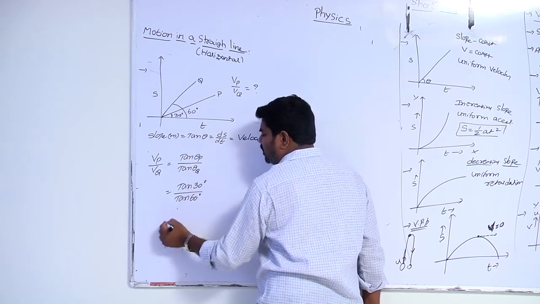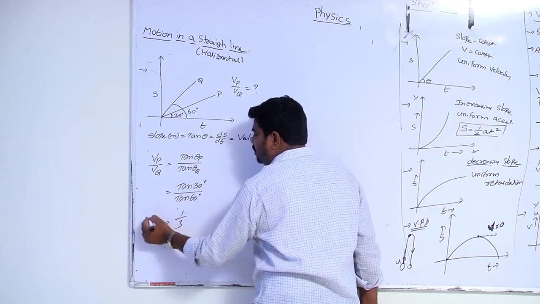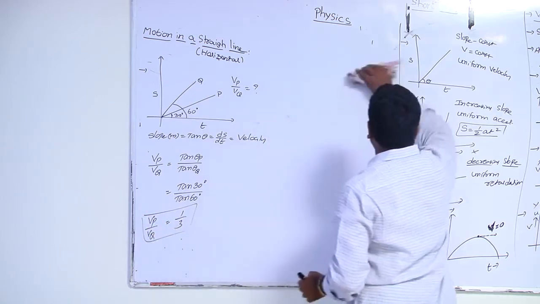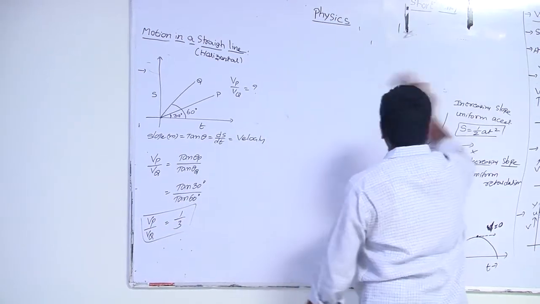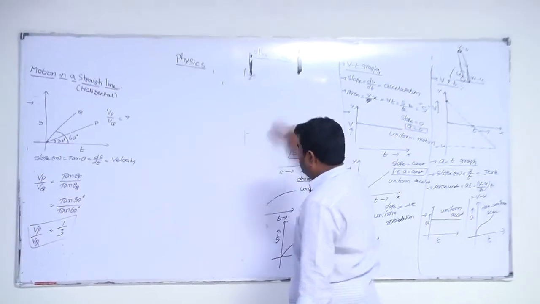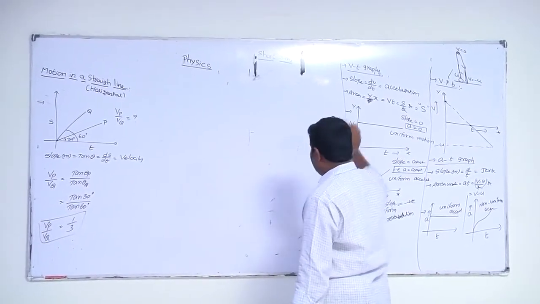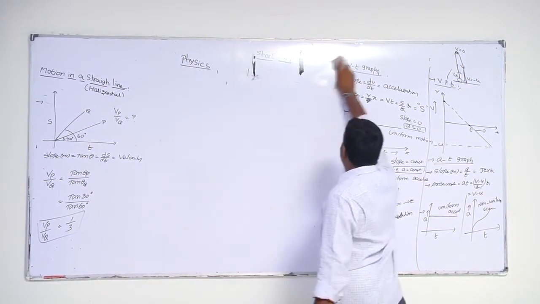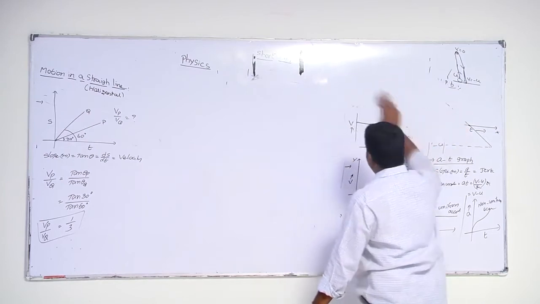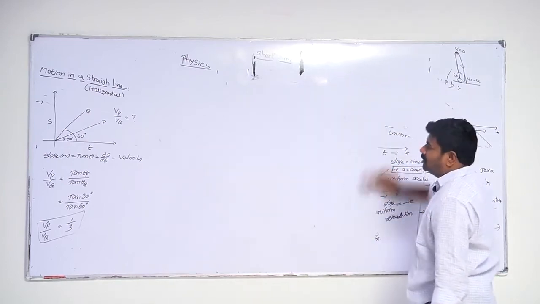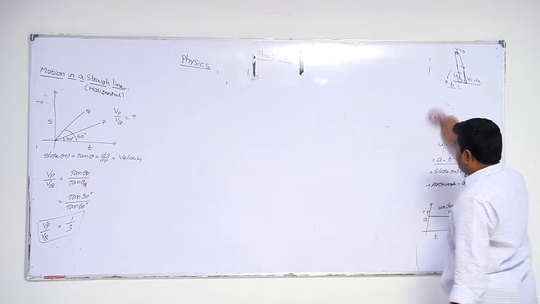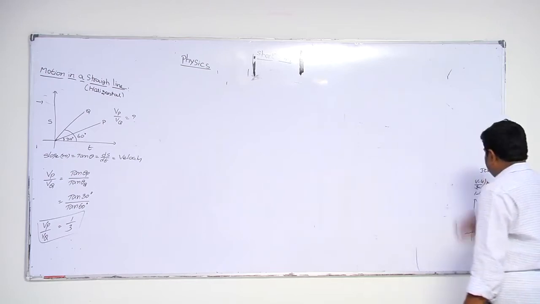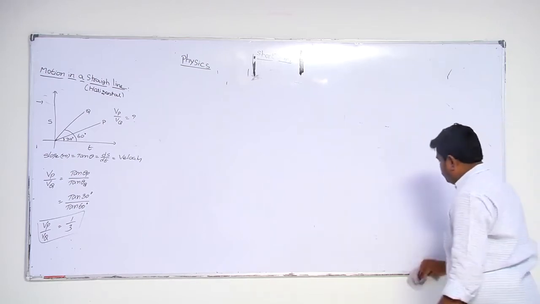Tan 30 is 1 by root 3, tan 60 is root 3, so the ratio of the velocities of P and Q is 1:3. If a displacement-time graph is given, slope is the velocity. If a velocity-time graph is given, slope is acceleration, and the area under the graph is displacement.